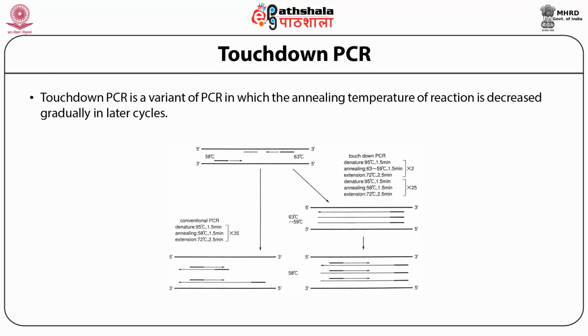In early cycles, the annealing temperature is programmed usually 3 to 5 degrees above the standard melting temperature of the primers, while in the later cycles it is kept below the Tm value. Higher initial temperature provides greater specificity for binding of primers. Lower temperature in later cycles helps in efficient amplification of DNA.